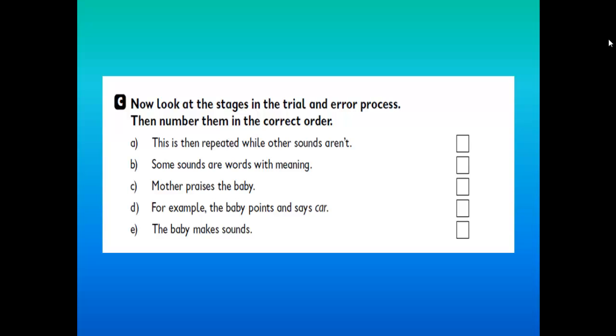E, the baby makes sounds. What is the first sentence? The first one is number E, the baby makes sounds. Then some sounds are words with meaning. Then number D, for example, the baby points and says car. After that, mother praises the baby. Finally, this is then repeated while other sounds are not.